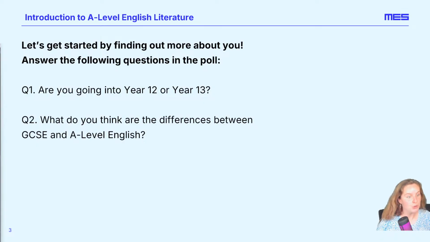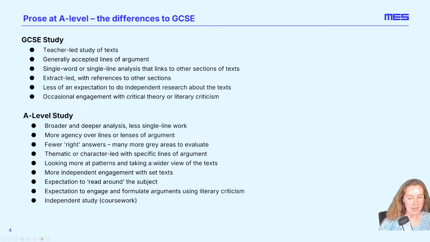This is much more your engagement with English and an independent study of the subject that you hopefully love. Here are some A-level texts can have deeper analysis, and absolutely.